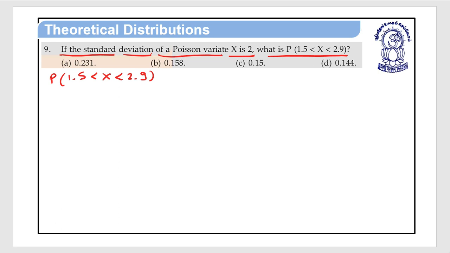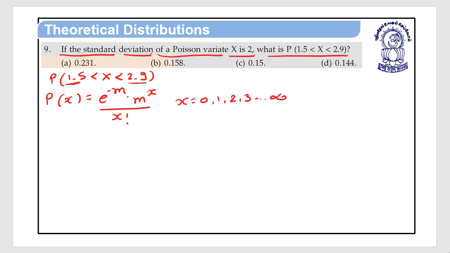So here we have to use the Poisson formula. P of X is equal to e raised to minus m into m raised to x upon x factorial, where x is equal to 0, 1, 2, 3 up to infinity. Here between 1.5 and 2.9 the value is 2.